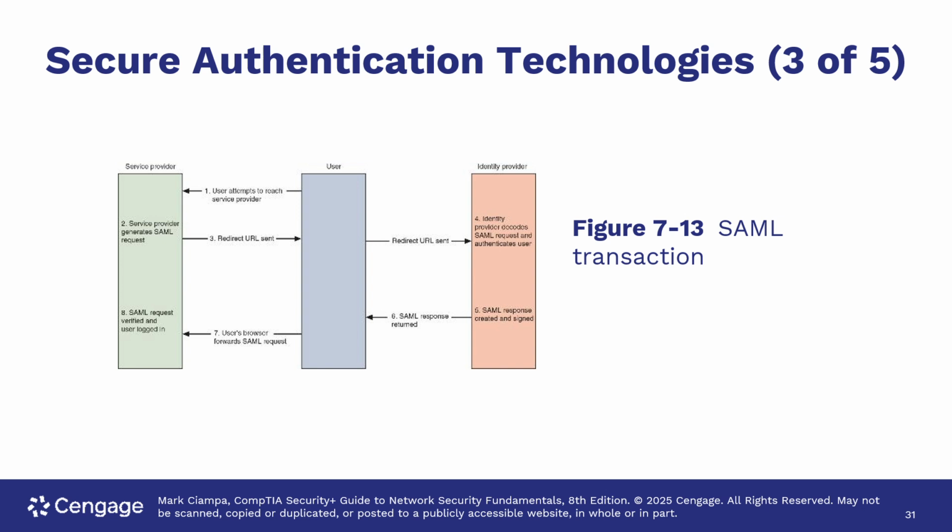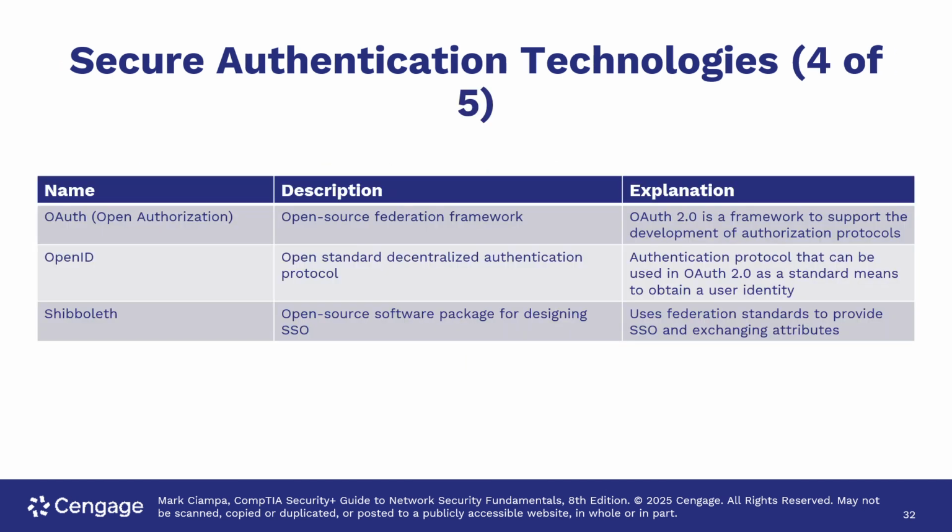Then on the right side 4, and then 5, and then 6 and 7 and 8 back to the service provider. So here's another secure authentication technology: OAuth or Open Authorization, OpenID, and Shibboleth, and that's the open source software package for designing SSO. Those are three types of tools.